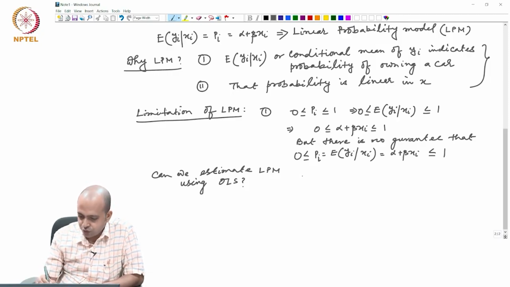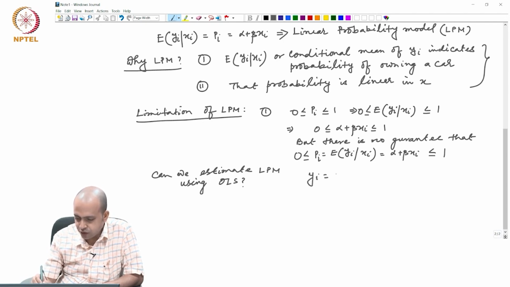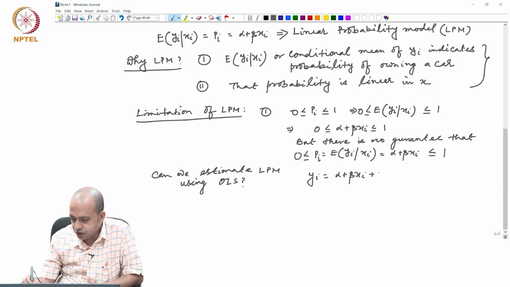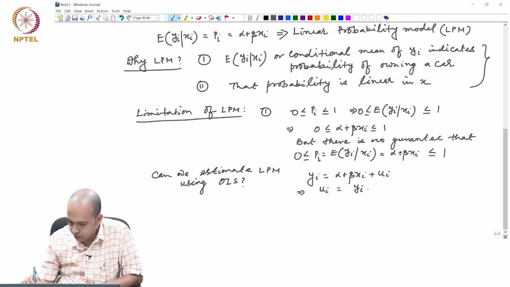Now, the model you are estimating is yi equals to alpha plus beta xi plus ui, and y will take only 1 and 0. So, from here we can say that ui equals to yi minus alpha minus beta xi.